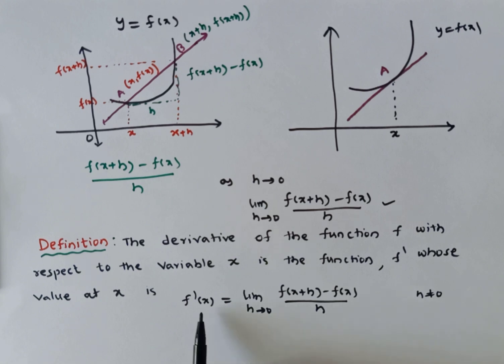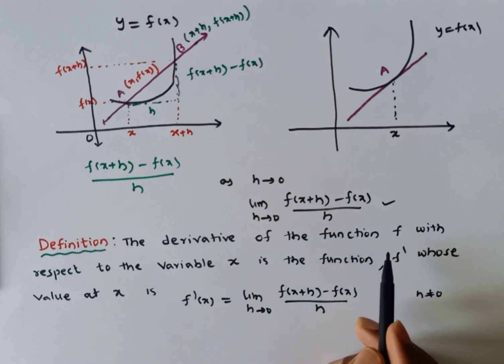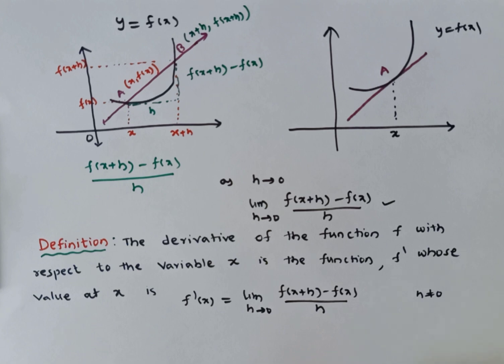So x is any point. If this f dash exists, we say that the function f has a derivative at x, or f is differentiable at x. If the limit exists, then we say that the given function has a derivative.